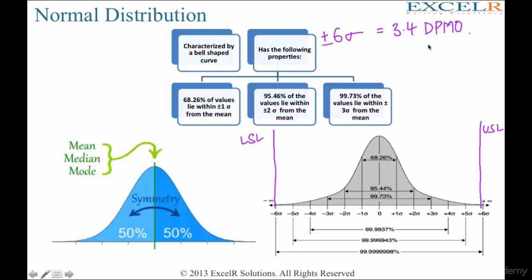That means if you're manufacturing a million shirts, there would be only 3.4 defectives. If you're manufacturing a million mobile phones, and each mobile phone is an opportunity, there would be not more than 3.4 defects out of a million mobile phones manufactured.